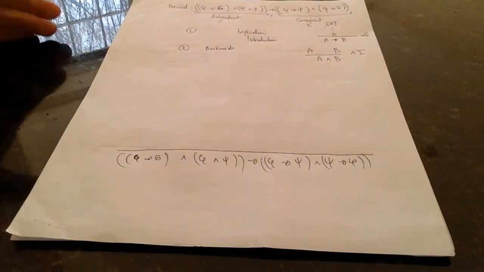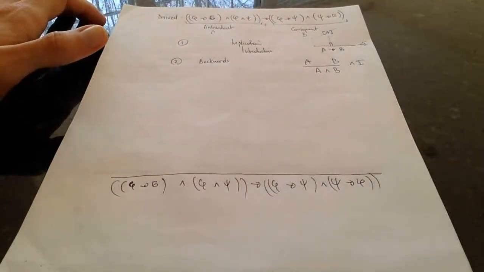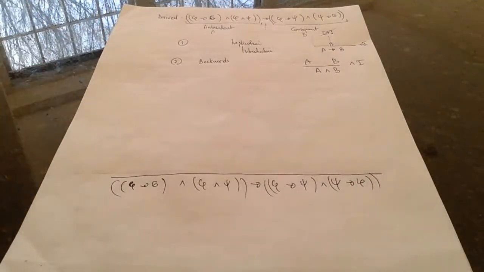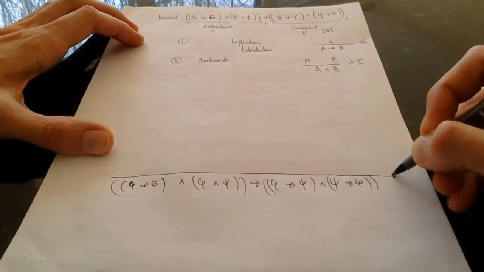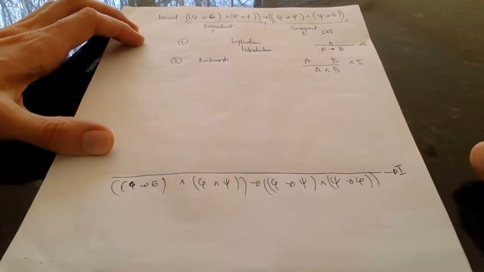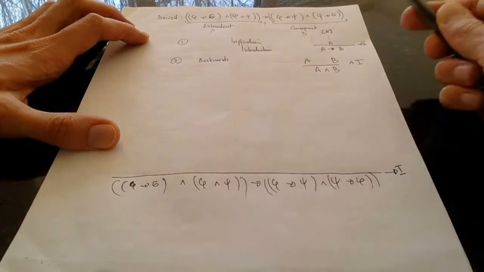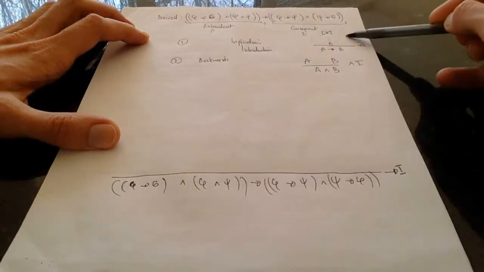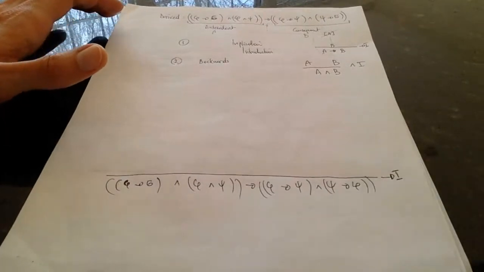And because of what we said earlier regarding the rule of implication introduction, the only way I can get that formula is by applying the rule of implication introduction. So I'm going to write implication introduction here, because that's how I'm going to get that formula. And in the line immediately above this, just following the general structure of the rule of implication introduction, what I should write is the consequent of this.